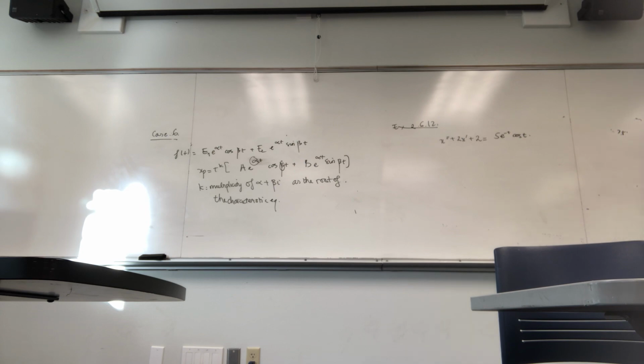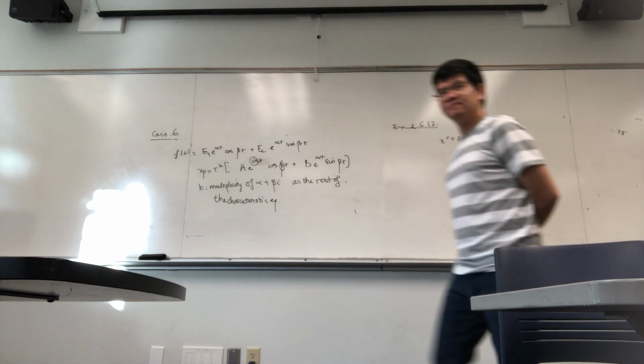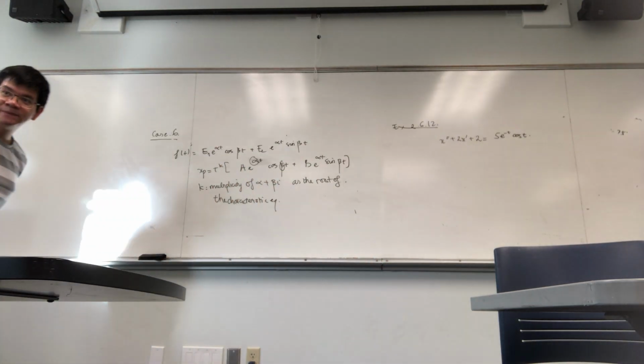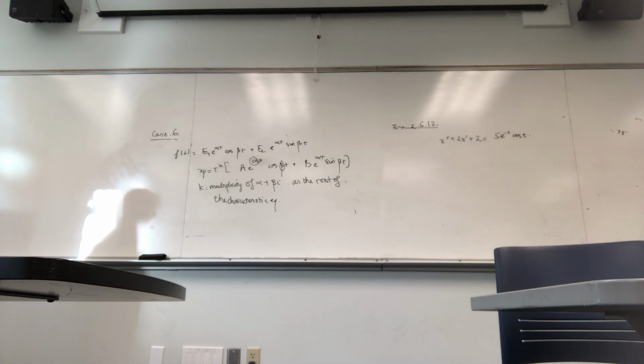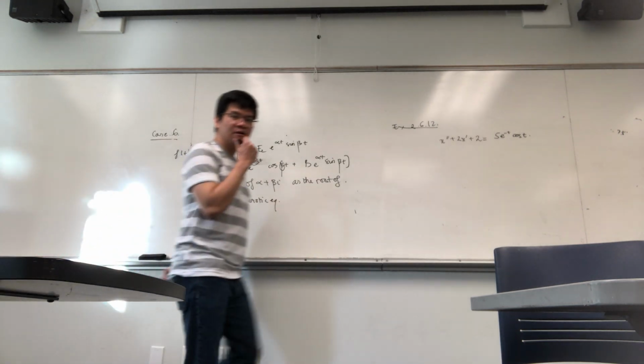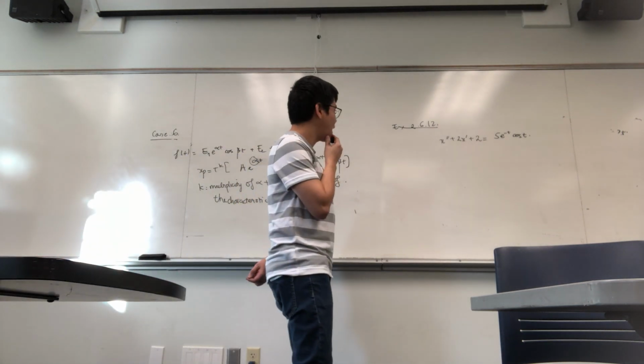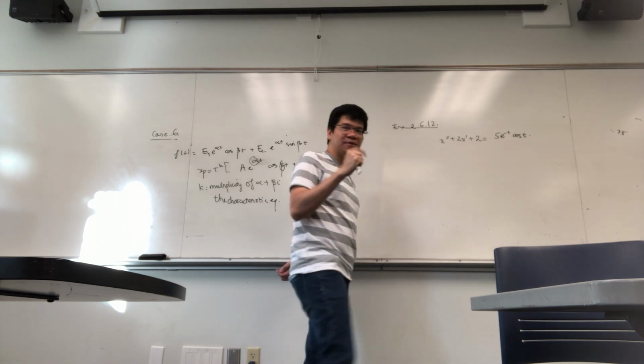What is the form of this xp? t to the k times a e to the negative t cosine t plus b e to the negative t sine t, and k is the multiplicity of negative 1 plus i.